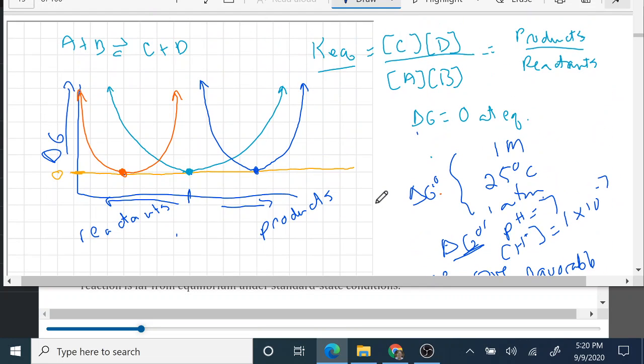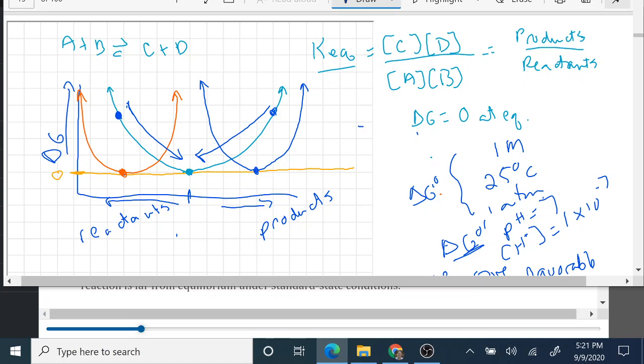So if our delta G naught is negative, okay, then we're going to be moving toward products to reach equilibrium. If our delta G naught is positive, then we're going to be moving toward reactants to reach equilibrium.